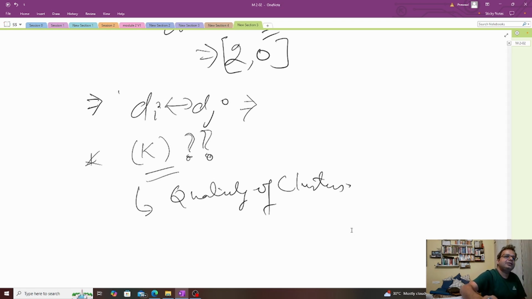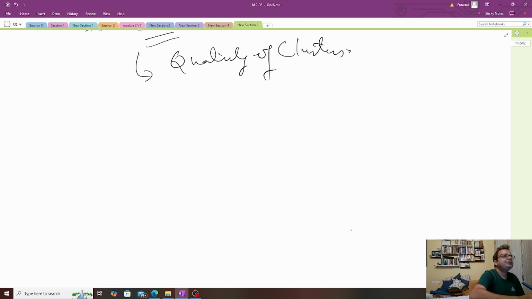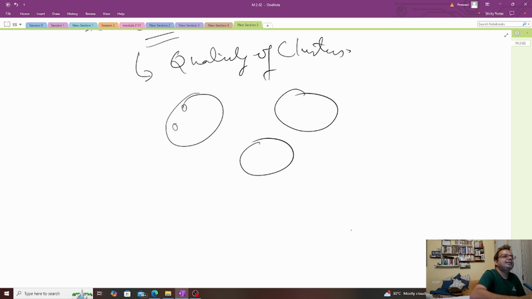Let's suppose our algorithm has given us one cluster here, one cluster here, and one cluster here, and these are your data points inside these clusters. There can be various algorithms that give you different clusters. So how do you find whether the clusters that have been identified are right or wrong, good or bad? There are two metrics that are generally used.